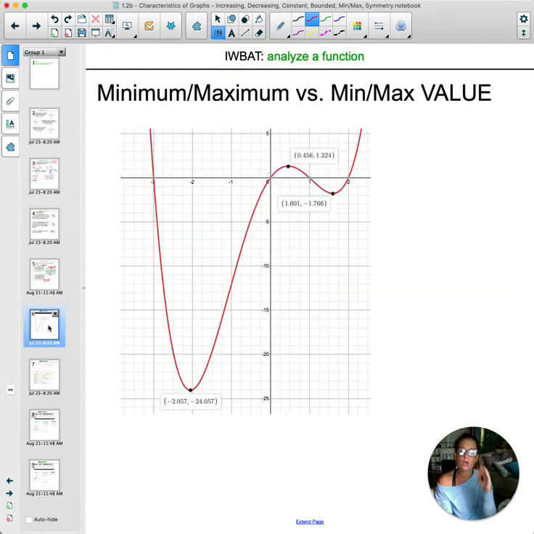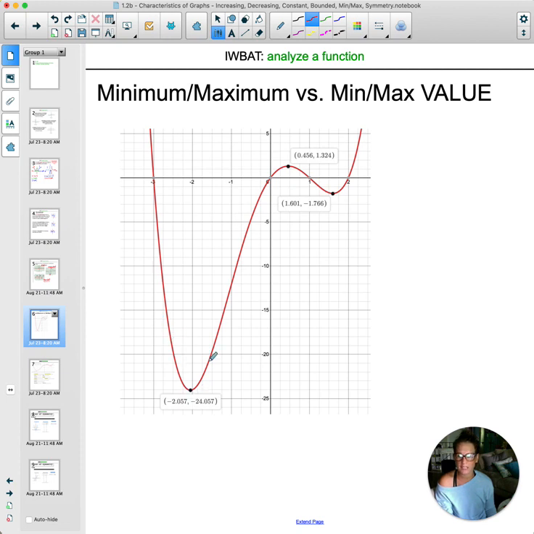So if there's a local min or a local max, that's where you end up with boundedness. You know what a min or a max looks like. It's where it switches from increasing to decreasing. In this case, we have a decreasing side of the function and then it goes to increasing. So where it switches, that's either a min or a max.